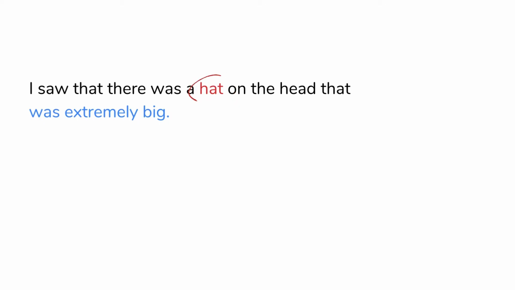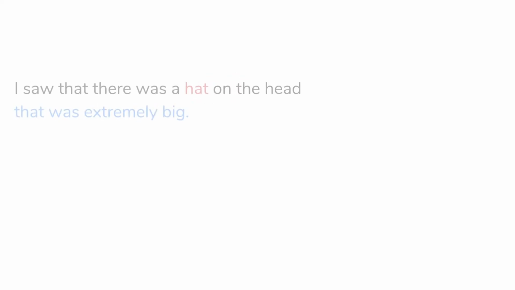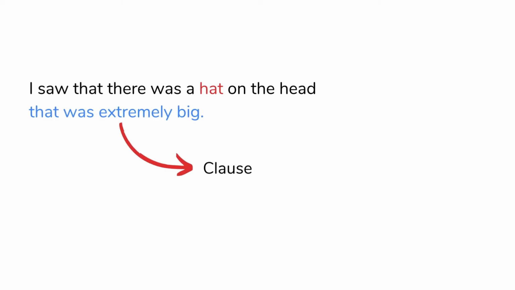But we realize that the intention of the speaker is to describe or give more explanation to the word heart. Therefore, it is important to bring the clause that was extremely big close to the word heart. So the new sentence reads, I saw that there was a heart that was extremely big on her head.